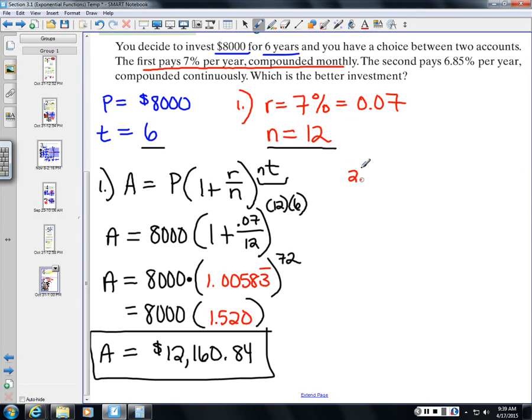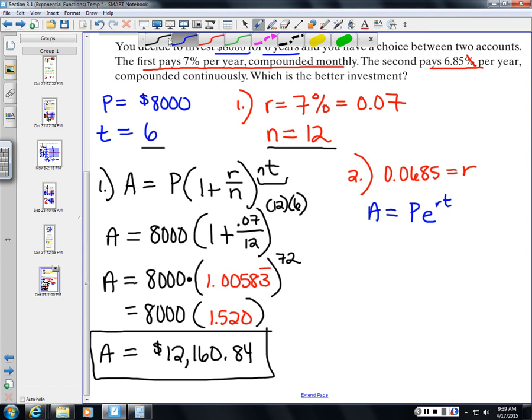For scenario 2, I've got a 6.85% interest rate, so that's going to be 0.0685. To drop the percent off, we have to move that decimal 2 places to the left. So there's the rate that I'm using on that one. The formula for this one is A equals principal times e to the rt power.